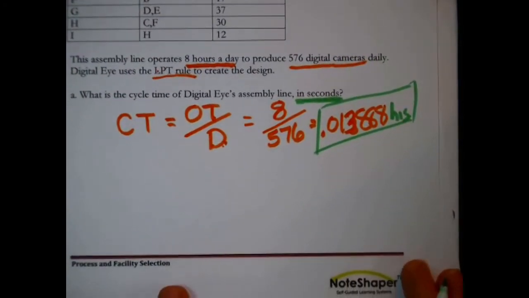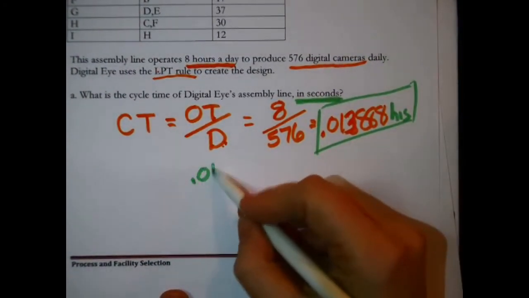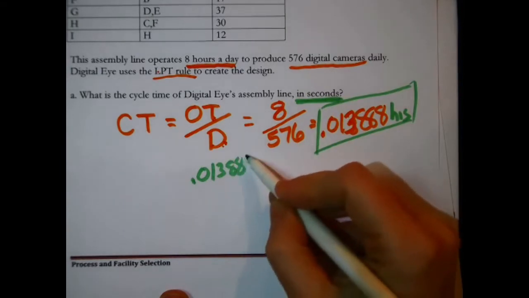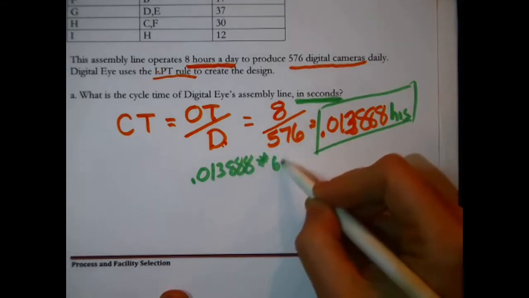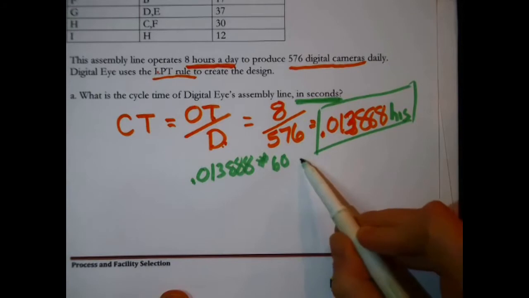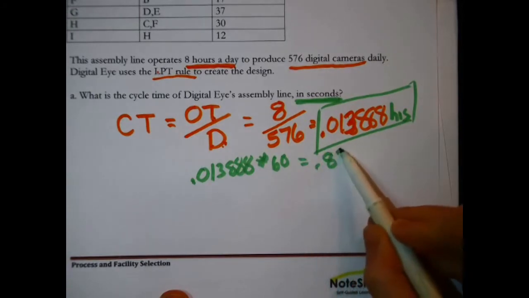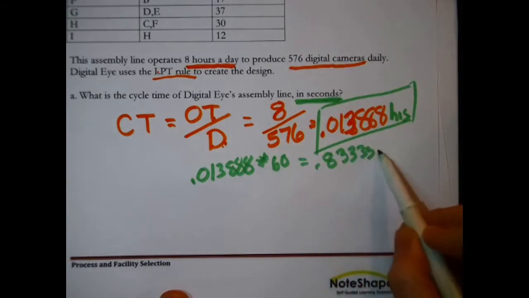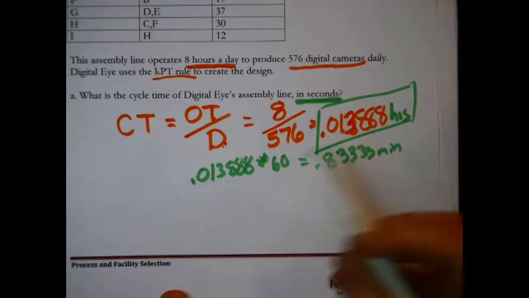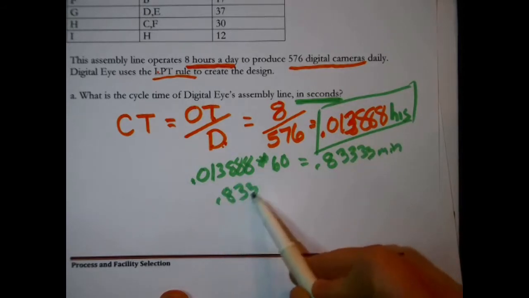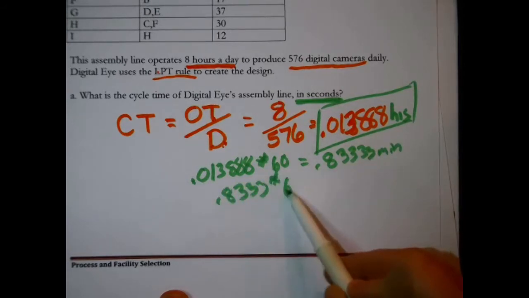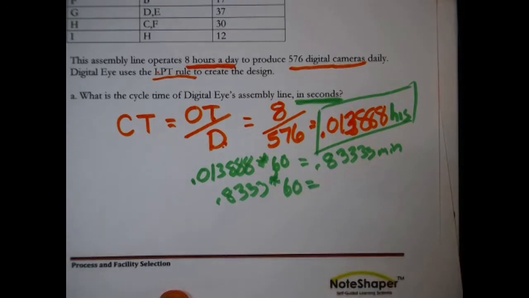We know what it is in hours. If you multiply that strange amount by 60, you get what it is in minutes, which is 0.8333 minutes. Then if you multiply by 60 again, this converts it into seconds.